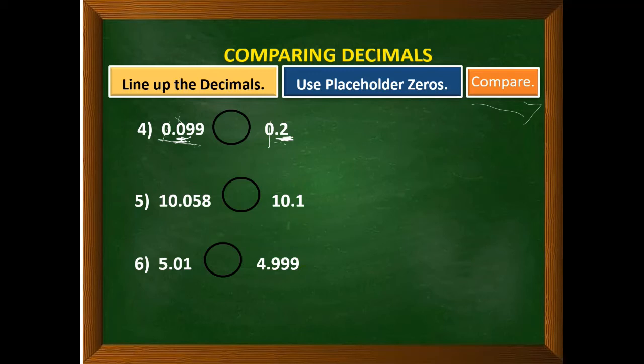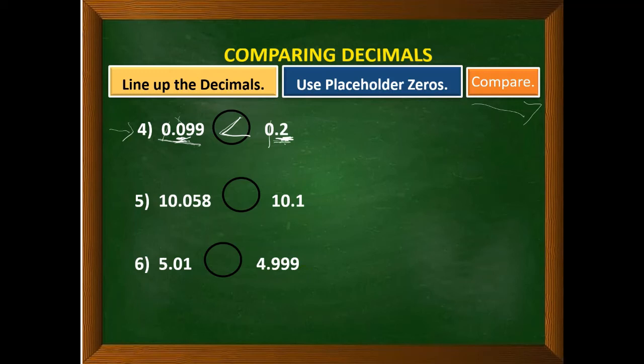Now you know that 2 is greater than 0. Therefore, 2 tenths is greater than 99 thousandths. Or, if we will read it from left to right, then this will be 99 thousandths is less than 2 tenths.